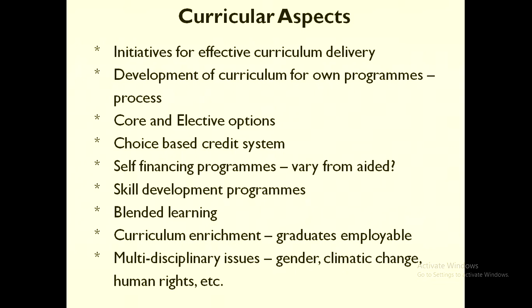So these types of things, based on our available infrastructure and resources, if we can implement and show them, we may get some extra marks. That's it. And curriculum enrichment, that means the curriculum is sufficient to make graduates employable, and multidisciplinary, whether in our curriculum we have taken care of multidisciplinary issues or not.